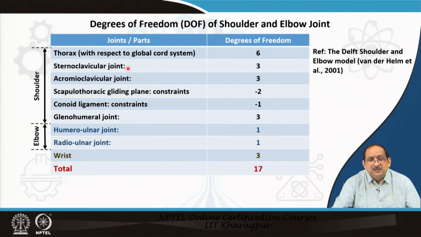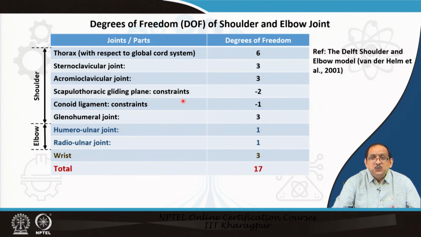The sternoclavicular joint offers 3 degrees of freedom, the acromioclavicular joint 3 degrees of freedom, and the glenohumeral joint 3 degrees of freedom, as discussed earlier. Now, the scapulothoracic gliding plane is modeled with the thorax as an ellipsoid, on which 2 points of the medial border are sliding.